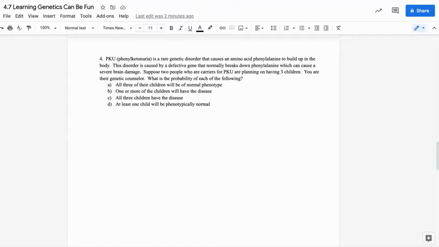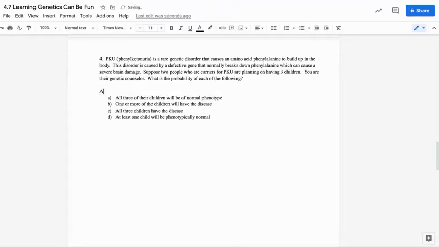So let's start with the idea of a carrier, because that's another way of saying recessive, right? I'm just going to use, again, you can use whatever letters you want, A for the normal phenotype, so no disease, no PKU, and a for the recessive PKU.